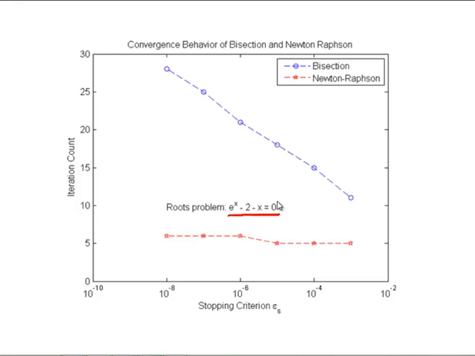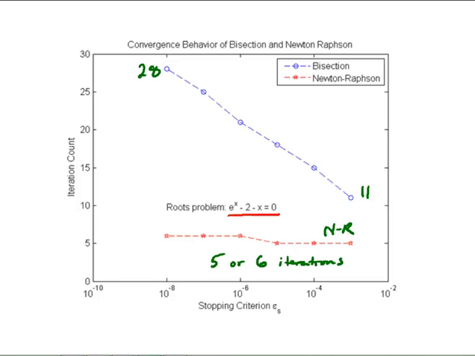Now the red results with the stars are for Newton-Raphson, and we see that Newton-Raphson only takes 5 or 6 iterations for each of these cases, whereas bisection ranged from about 11 iterations at the loosest tolerance all the way up to 28 iterations at the tightest tolerance. So it looks like Newton-Raphson, at least for this roots problem, is indeed quite a bit more efficient.